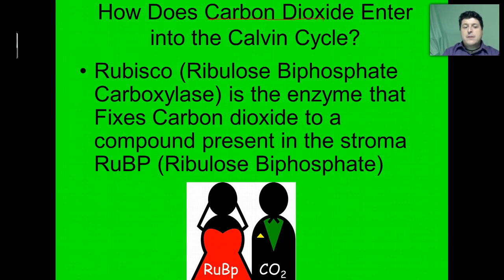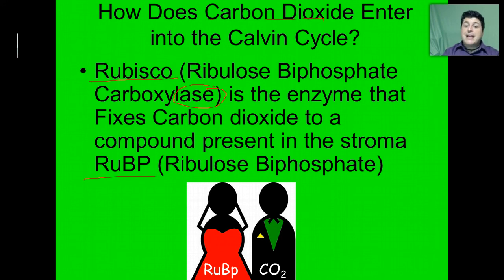This is done by an enzyme called Rubisco, which stands for ribulose biphosphate carboxylase. We know it's an enzyme because it ends in -ase, and it's going to carboxylate. It's going to put the carbon with ribulose biphosphate. Ribulose biphosphate, or RuBP, is a compound that's present in the stroma. So the enzyme helps to put them together.